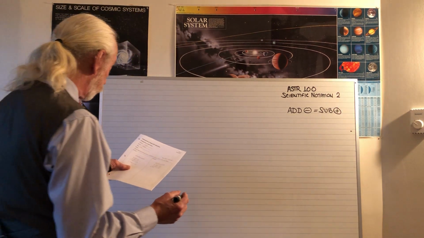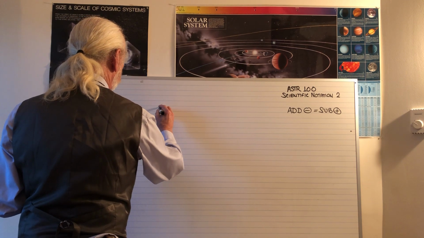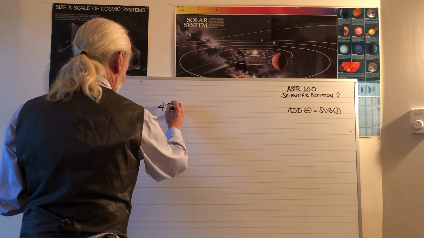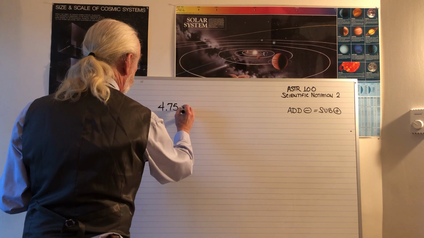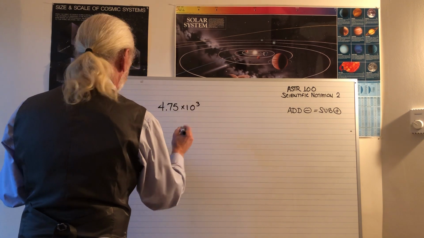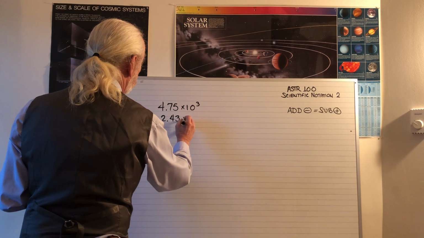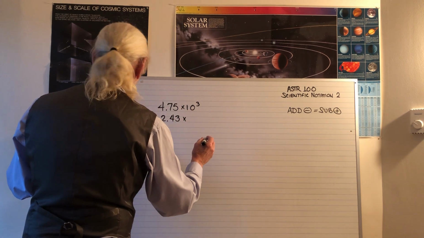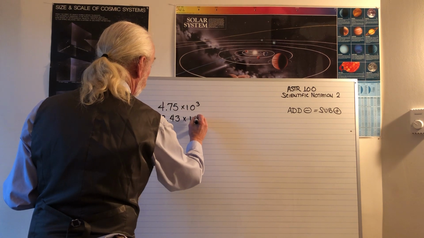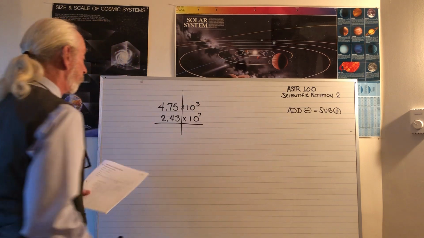We're going to do 4.75 times 10 to the third, times 2.43 times 10 to the 7th. I'm going to stack them, and I'm going to split them just like that.